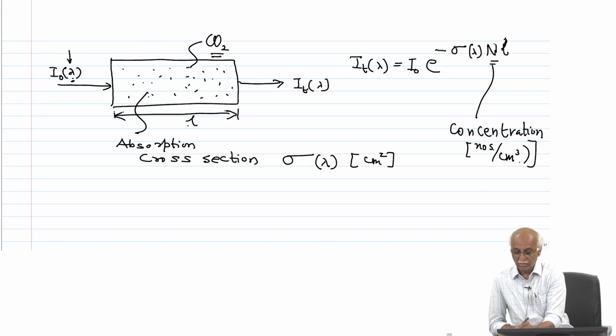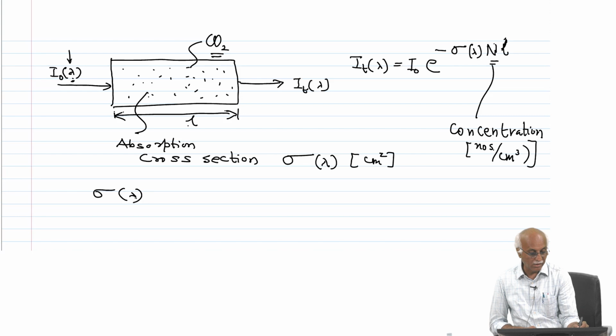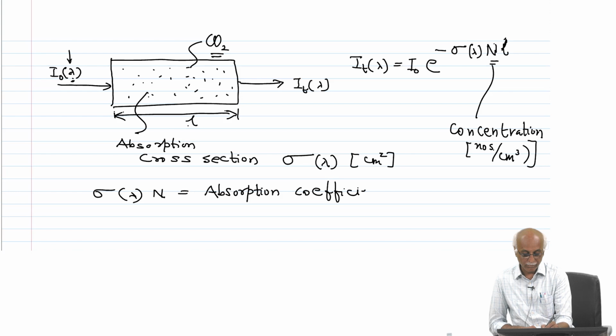And sigma lambda into n is known as the absorption coefficient, represented by alpha, and its unit is per centimeter, centimeter inverse.